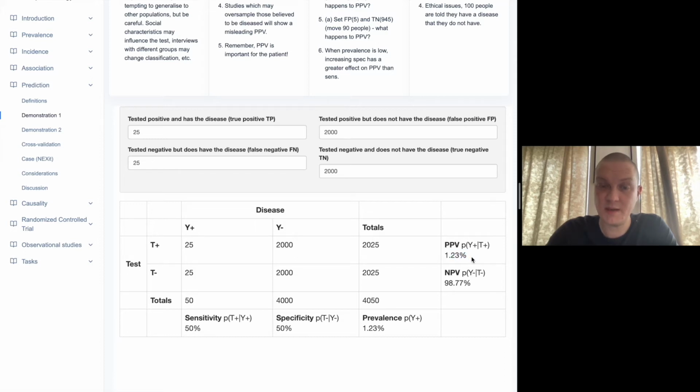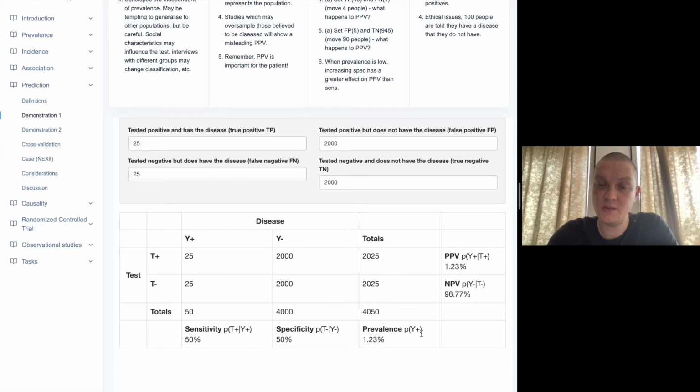Because now I'm saying, among the ones who had a positive test, and in this case we had 2,025 individuals who had a positive test, there were only 25 individuals who actually had the disease. What I'm trying to show here is that prevalence matters for the positive predictive value. So the positive predictive value is going to be dependent on the prevalence of disease in the population.